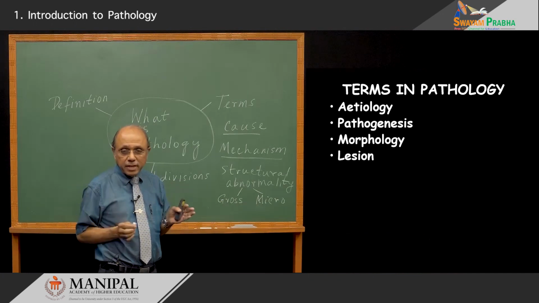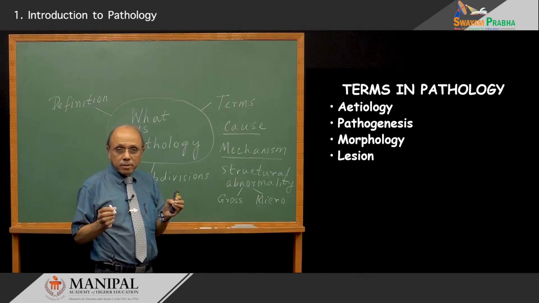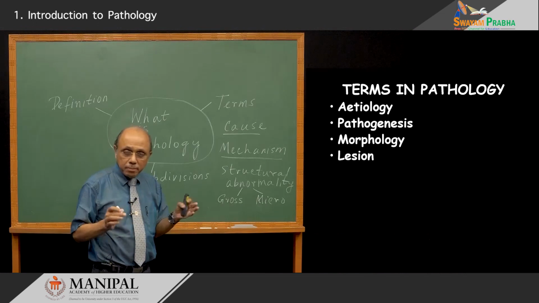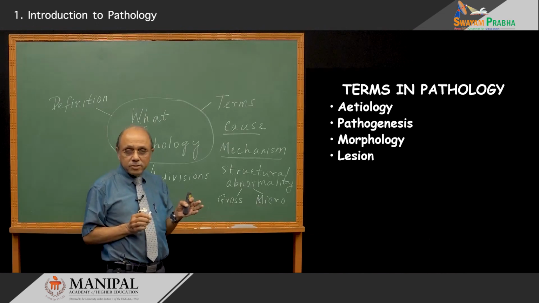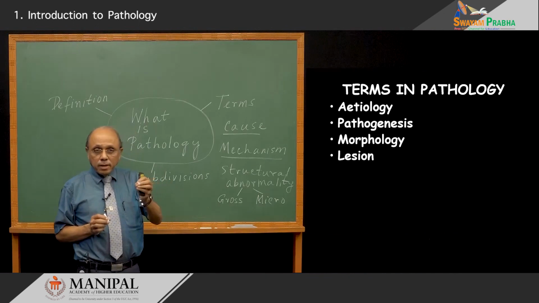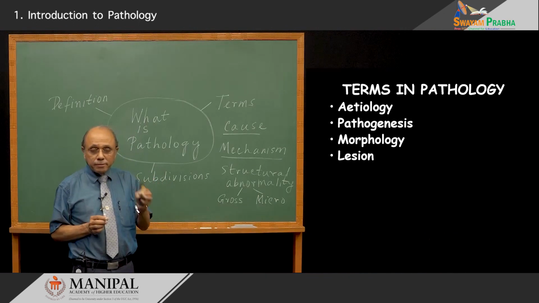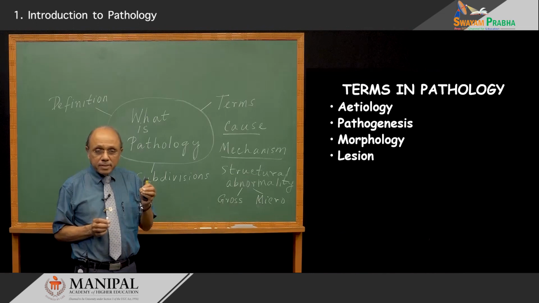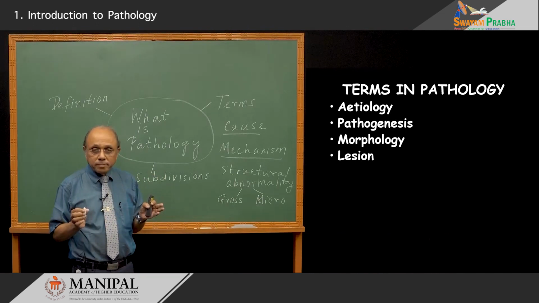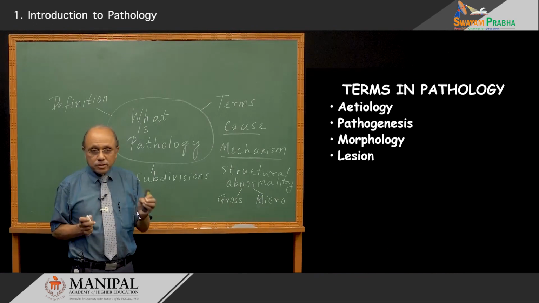So, the affected area, the abnormal area in an organ, the focus which is the area which has undergone some pathologic change, that is called lesion. So, lesion in its simplest definition can be seen as that area which is abnormal structurally or functionally.